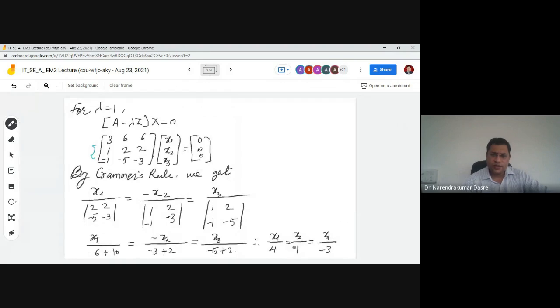Now this is actually the equation of the line, and these are the direction ratios in that particular direction. So x1 by 4, so 4 is the direction ratio in the x1 direction, x2 by 1, so it is 1 in the direction of x2, and it is minus 3 in the direction of x3.